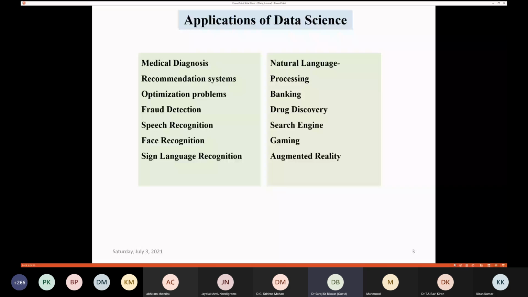But here I have noted some of the applications where data science is prominently used: medical diagnosis, recommendation systems, optimization problems, fraud detection, speech recognition, face recognition, sign language recognition, natural language processing, banking problems, drug design, search engines, gaming, augmented reality, and many more. Fine. Next slide.